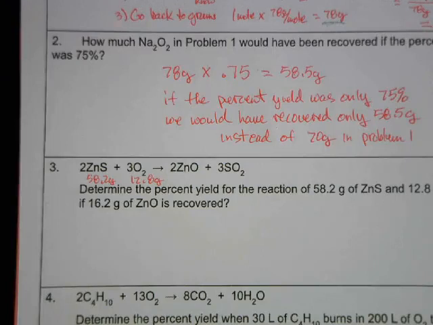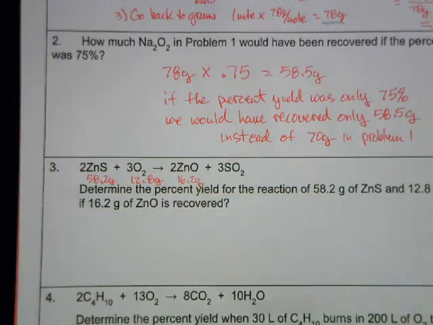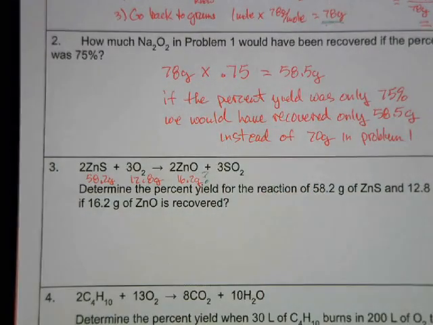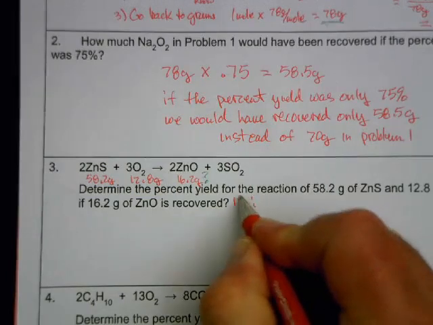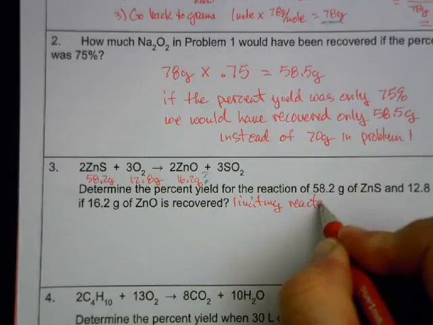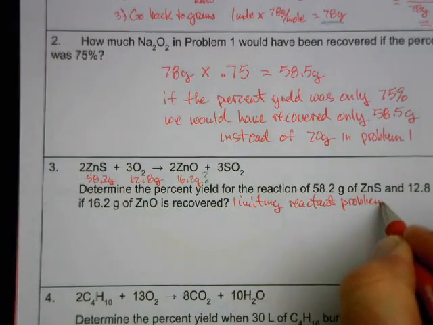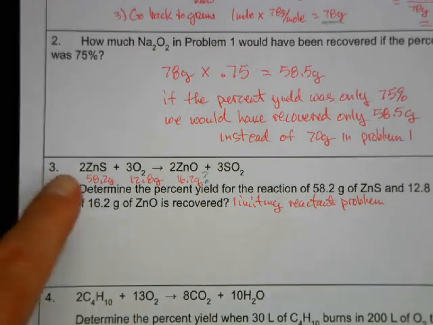And then again, the real question is, how much zinc oxide should we have produced? Problem 1 wasn't, because we only had one amount and we had plenty of the other part. But here we got 2 amounts.